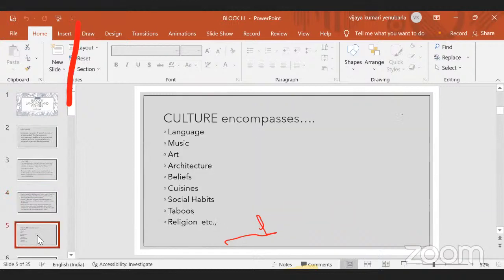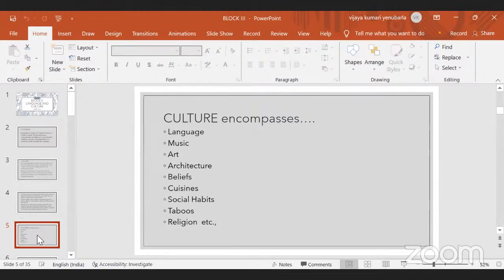So what exactly does culture encompass? Let us see a few areas here: language, music, art, architecture, beliefs, cuisines, the way we cook, social habits, taboos, religion. These things come under culture. Based on these things, we define a group's culture. That group can be anything. You can say work culture. What kind of work culture can you distinguish?